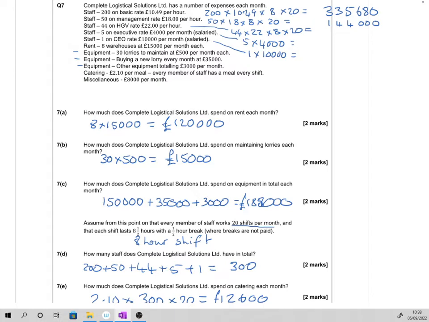Next one, 44 times 22 times 8 times 20 is 154,880. Next one, that's 20,000, and that's 10,000. All that added up together.